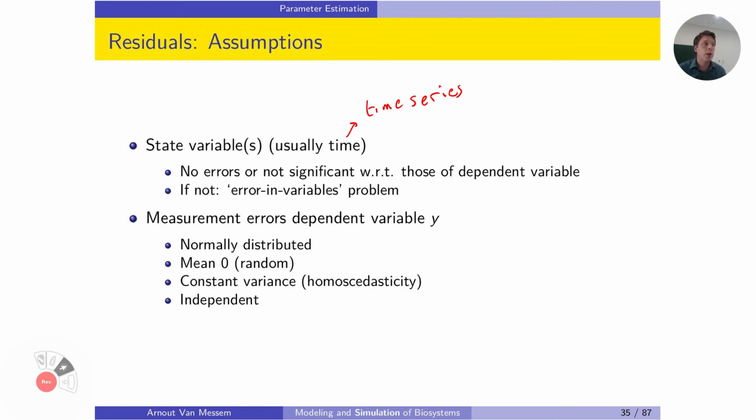And so the measurement errors will only depend on the dependent variable y. What we assume again here is that my errors, epsilon_i, are normally distributed, have a mean of 0, a constant variance sigma squared, and they are independent. So epsilon_i, i is 1 to capital N, are independent. There is no structure, no dependency between the different residuals.